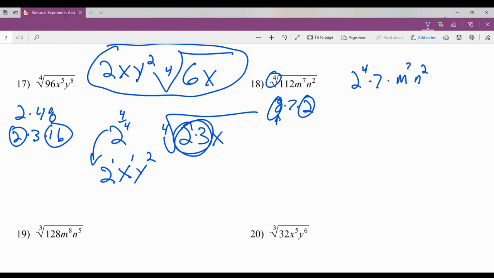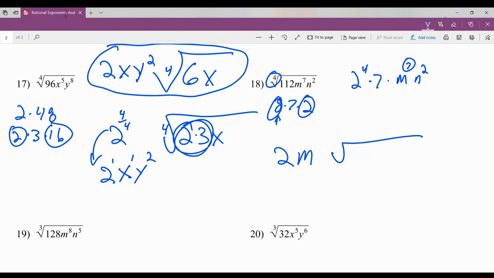So here's the thing, 2 to the 4th, 4th rooted is just 2. M to the 7th, 4th rooted would be m, but there's 3 powers of m that stay in the radical.